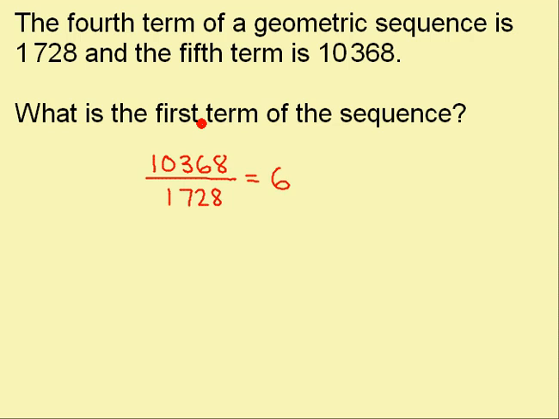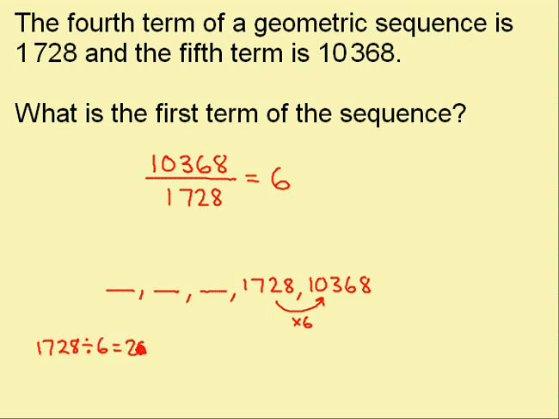Now remember, I want the first term of the sequence. I've got the fourth and the fifth. The fourth is 1728, and the fifth is 10368. And remember, we're multiplying by 6 each time. So to get this one here, I can divide this by 6. So using a calculator, 1728 divided by 6 gives me 288.